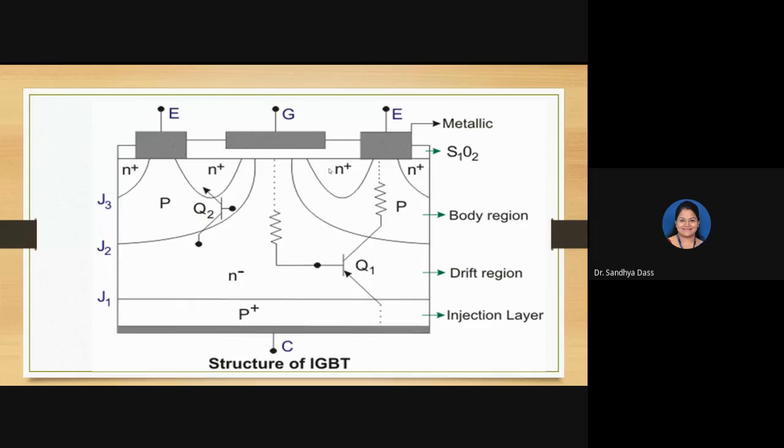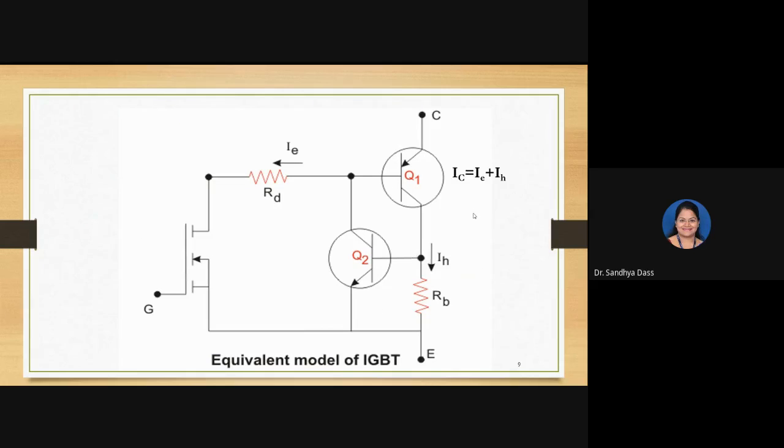I'll repeat, IE, the emitter current, is nothing but the current due to the injected electrons from the collector to the emitter through the injection layer, drift layer, and finally the channel formed. While IH, that is small h, is the hole current flowing from collector to emitter through Q1 and the body resistance RB.